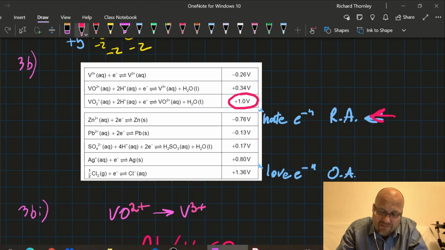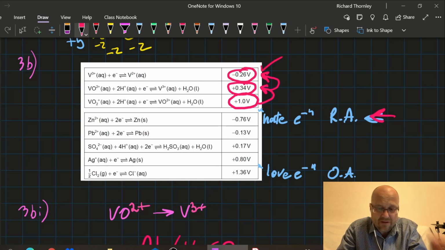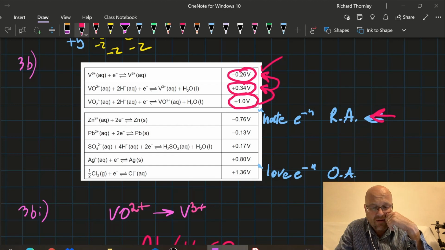If it's more negative than that, it can push it down to here. Then it has to be more negative than that to push it down to there. And it has to be more negative than that to get it to happen there. Whoa. So I need a value that is more negative than all of those.